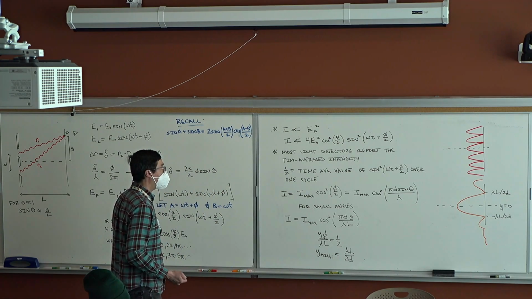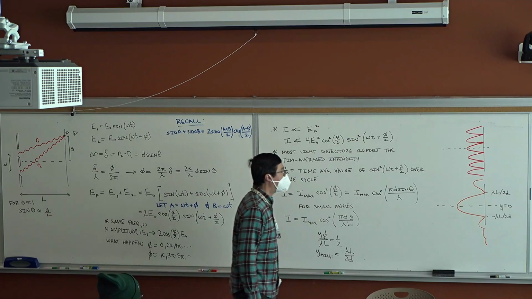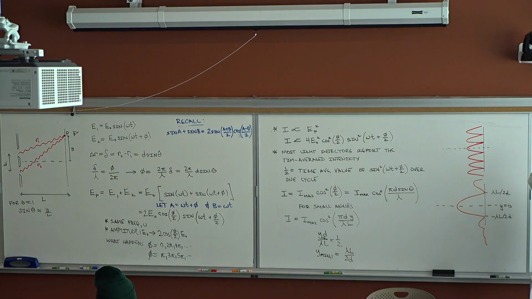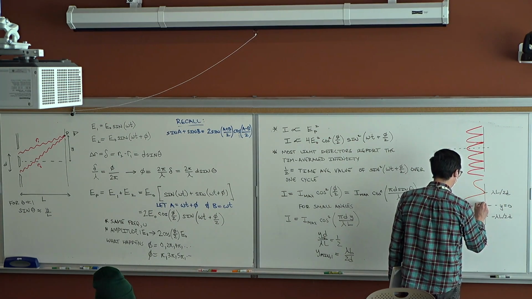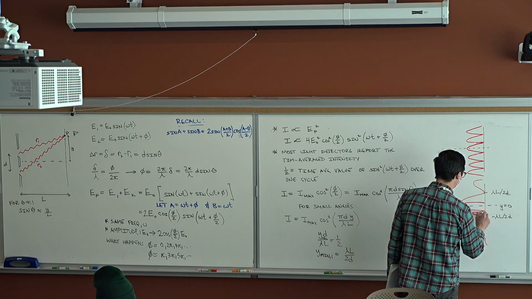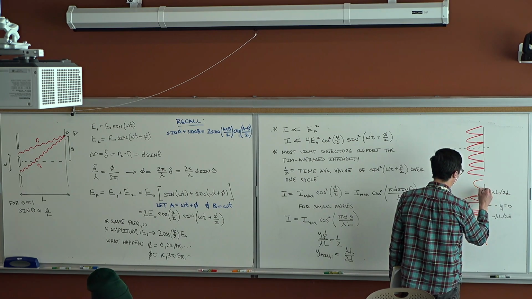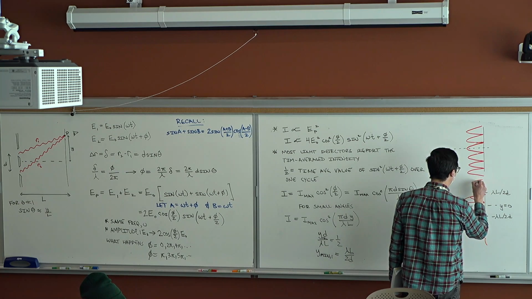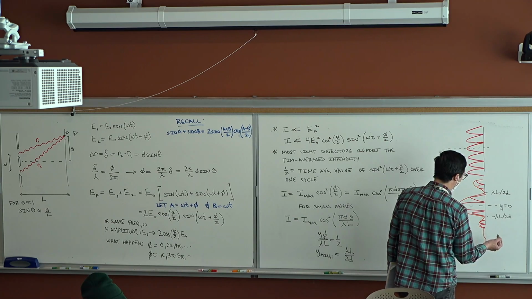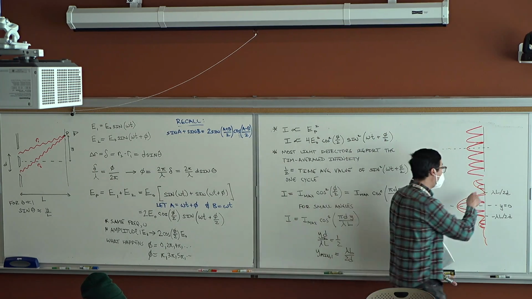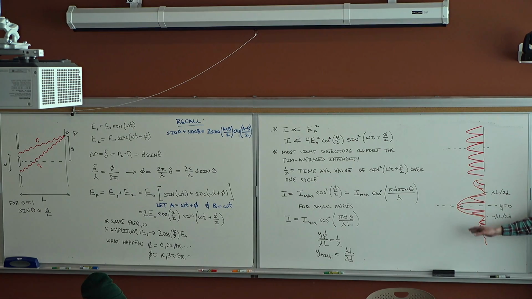Then if I map this on top of this, what I wind up getting is maybe something like this. It should be more symmetric than I'm drawing it, but what I get is kind of an enveloping effect.